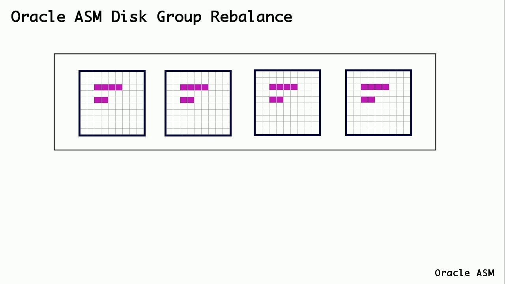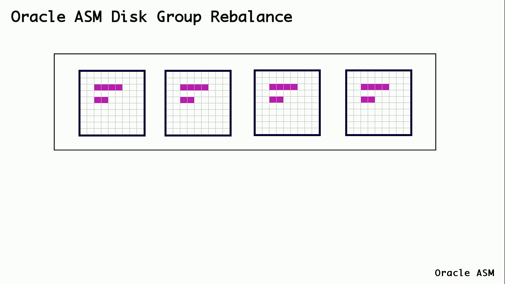Now, let us take a look at an example of an Oracle ASM disk group rebalance operation. As you can see here, we have 4 disks in this disk group. Assume that this disk group was created with external redundancy. There is only one ASM file stored in this disk group. Each disk has 6 ASM extents, and a total of 24 ASM extents for this file.